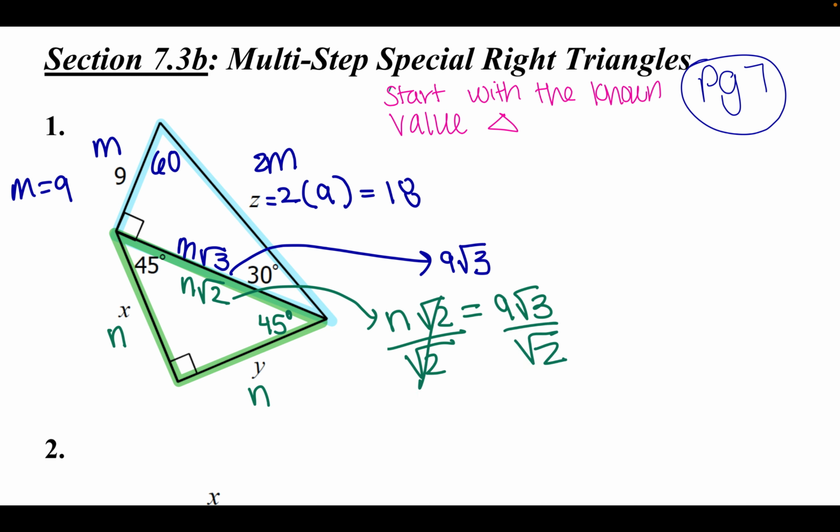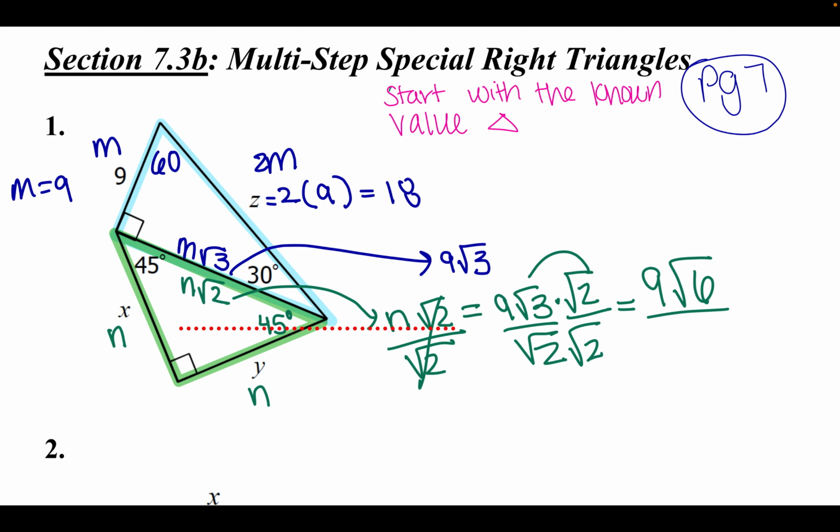So now we have n by itself, and n is equal to 9 square root of 3 over square root of 2. But we cannot keep square root of 2 in the bottom of our fraction, so we're going to multiply the top and bottom of our fraction by square root of 2, because we're going to rationalize that denominator. So we get 9 square root of 6. Remember, if they're both in a radical, you can multiply them together.